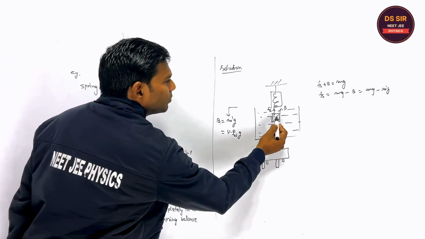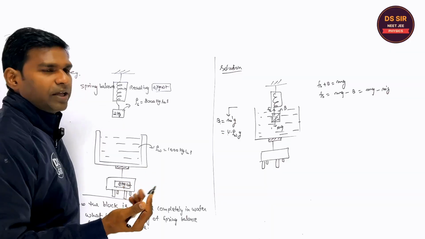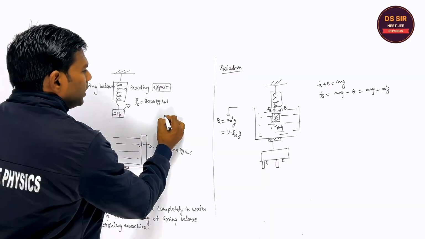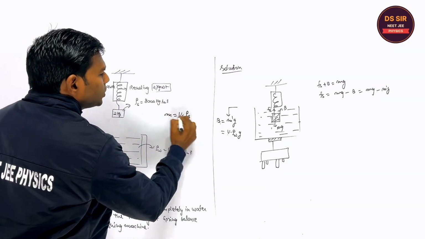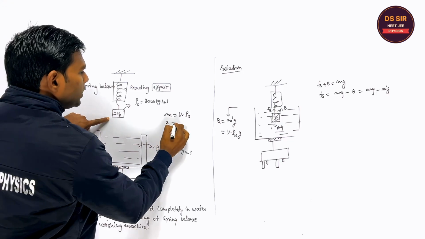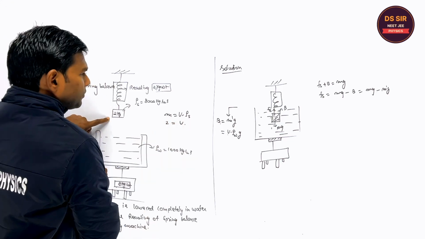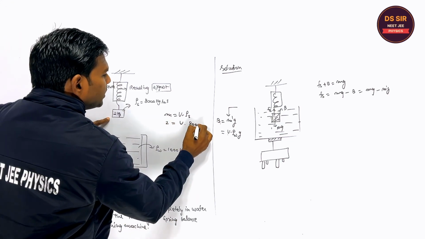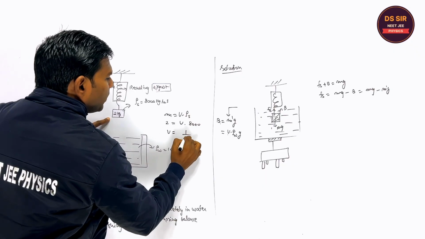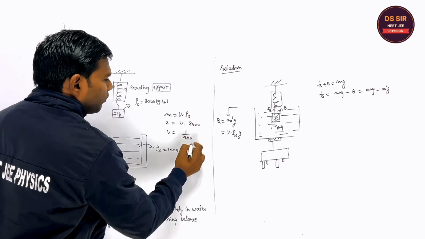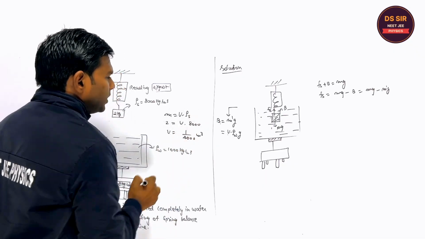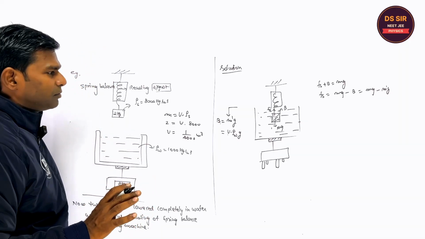What is the volume? How to find the volume? We can find the volume. How? M is equal to volume into density of the solid, because the mass is 2 kg, the volume is V, the density is 8000, so what is the volume? 1 by 4000 meter cube. Is it clear or not?